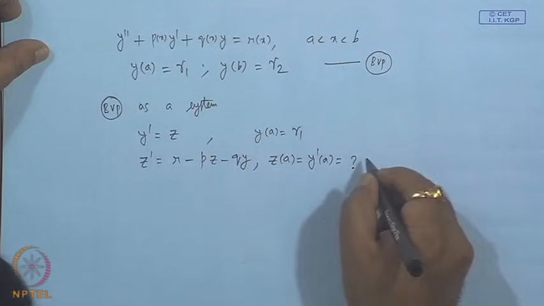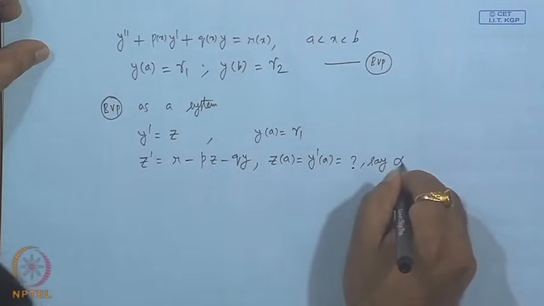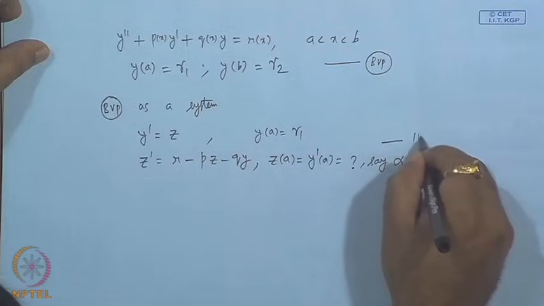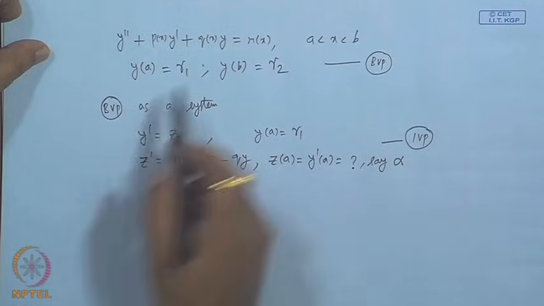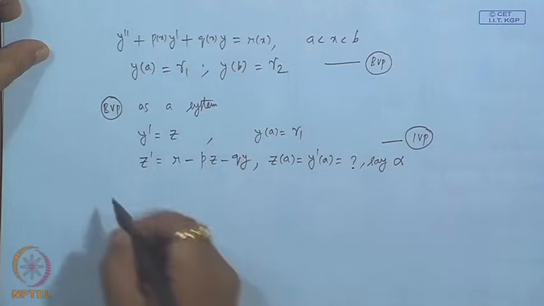So, now let us say alpha. Then we have an equivalent IVP. So, we have given a BVP, we have converted it into an equivalent IVP.